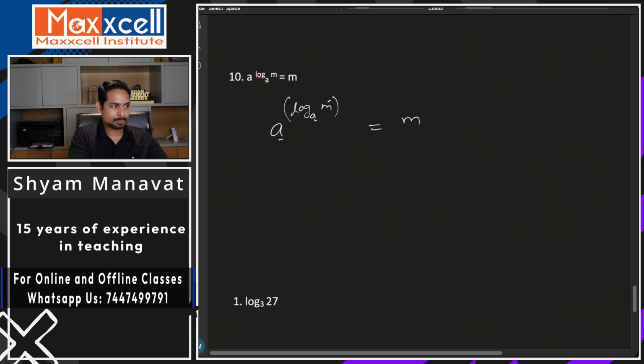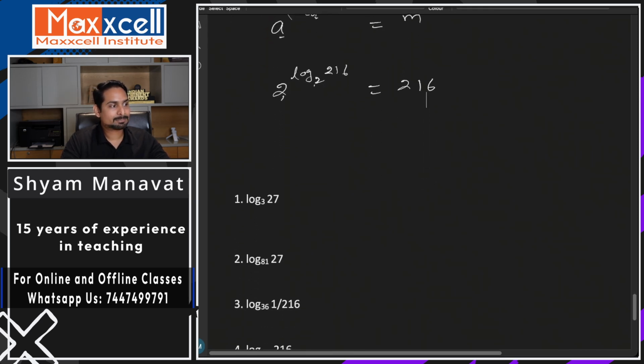Say 2 to the power log 216 base 2. This 2 and this 2 are the same, so I can write the output of this term as 216 directly. Did you understand this 10th property?